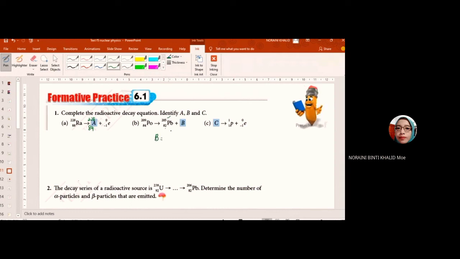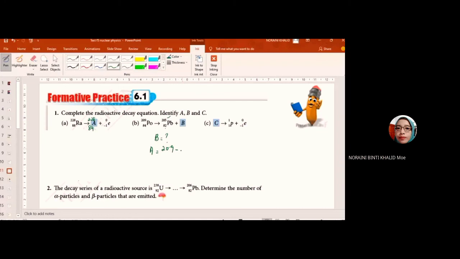For B, the nucleon number equals 209 minus 205, which is 4. For the proton number, 84 minus 82 equals 2. Thus, B is the element with nucleon number 4 and proton number 2. That one is the nucleus of helium, or alpha.